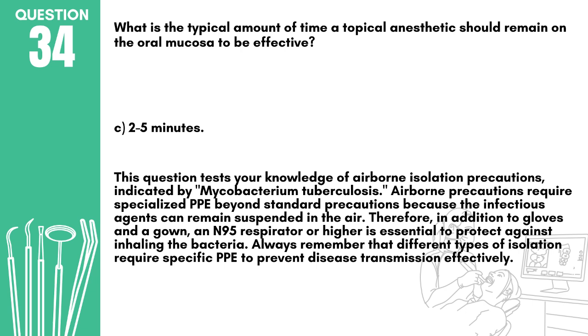Applying it for too short a time, e.g., 30 seconds, will not provide adequate numbing, while leaving it on for an excessively long time, e.g., 10 minutes, is usually unnecessary and offers no additional benefit. For instance, if the dentist needs to numb a specific area before administering local anesthetic, the RDA would apply topical gel with a cotton swab and wait the recommended time. Remember that patience is key for effective topical anesthesia.